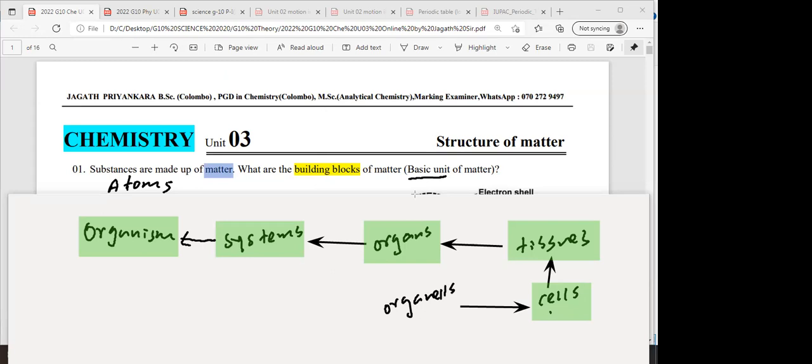For example, if you take an animal cell, there are mitochondria, nucleus, right? Chloroplast, so organelles. These organelles are made of compounds and molecules.